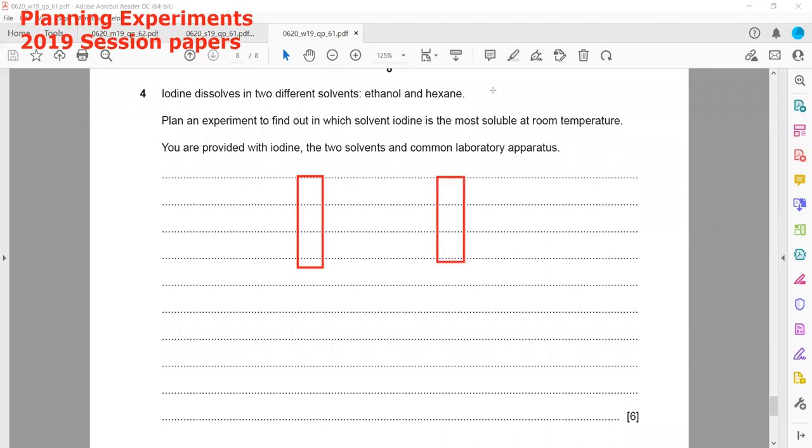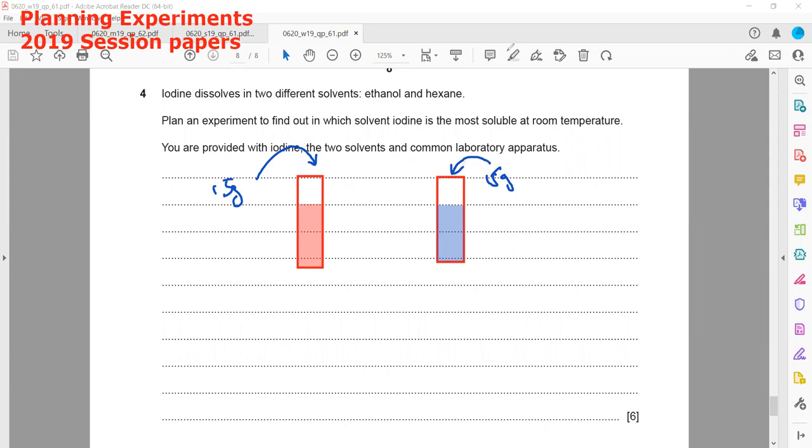We'll take equal volumes of ethanol and hexane in two different test tubes. Then we'll add a known mass, for example 15 grams of iodine, in both ethanol and hexane.